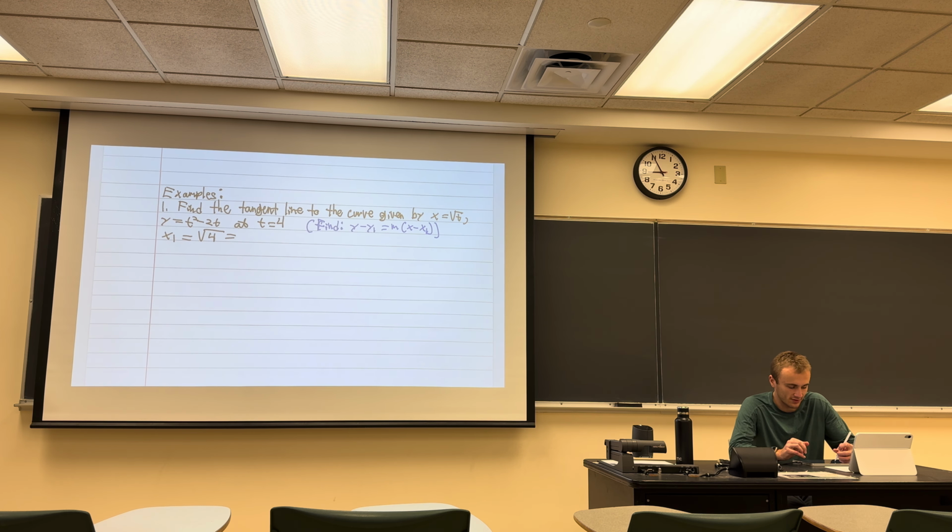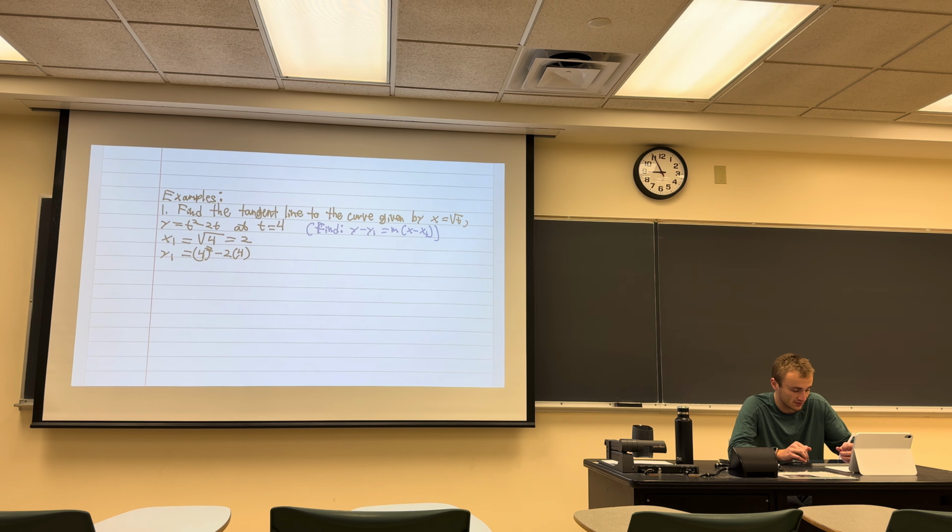And y1 is just going to equal 4 squared minus 2 times 4. So 4 squared is 16, minus 8, which gives us 8. So our coordinate point (x1, y1) equals (2, 8). We can go ahead and plug in our 8 value there, and our 2 value over there.